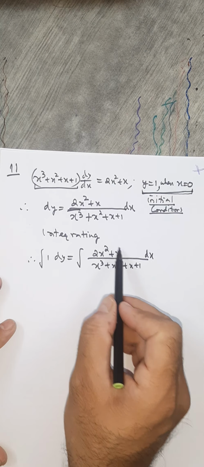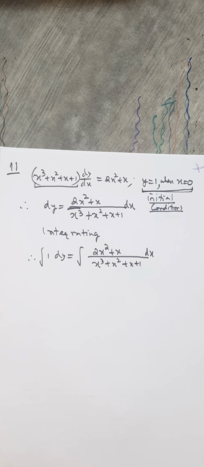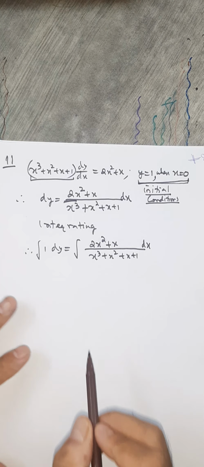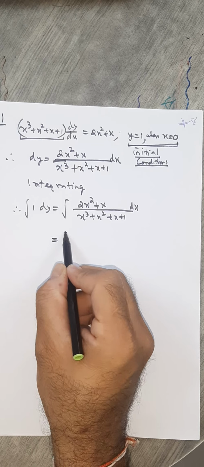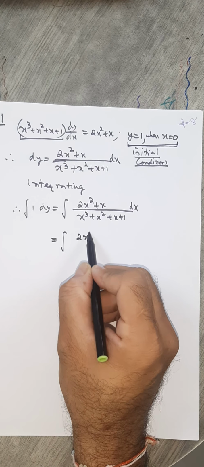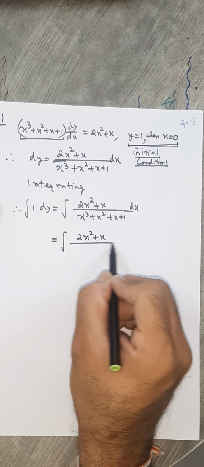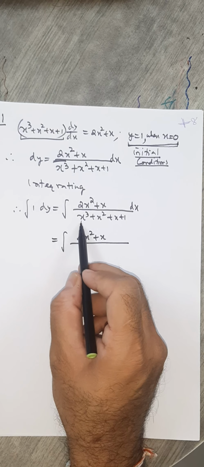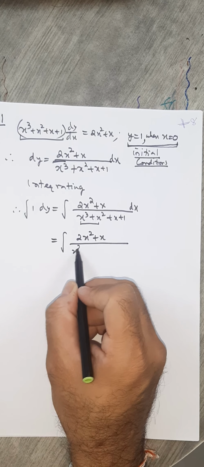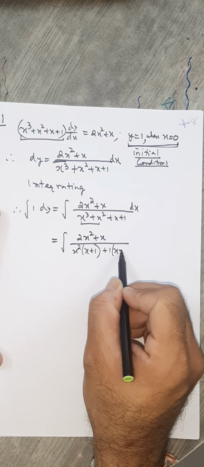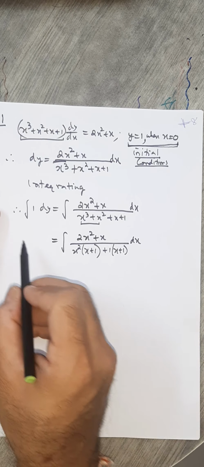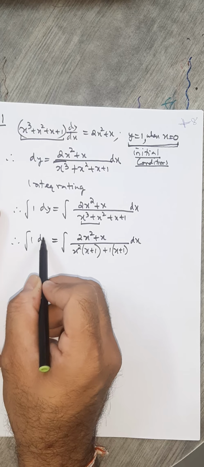Now the important part is integration of this. How we'll integrate, that's the important part. So here the denominator expression you can just factorize: take x square common from the first two, so x plus 1, and here just 1 common, so x plus 1 dx, right?